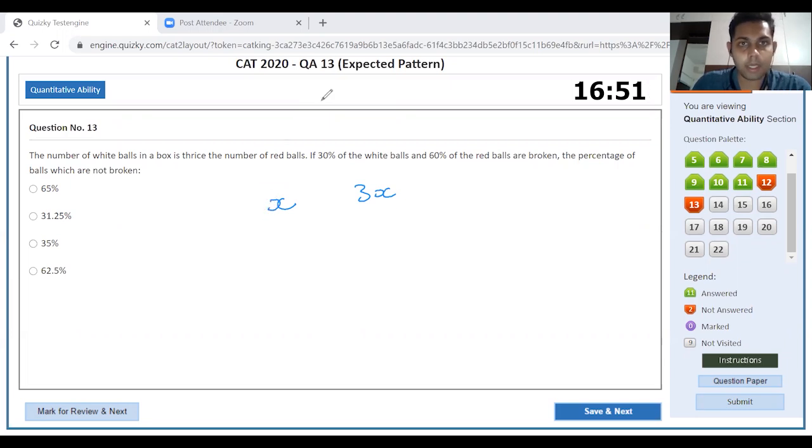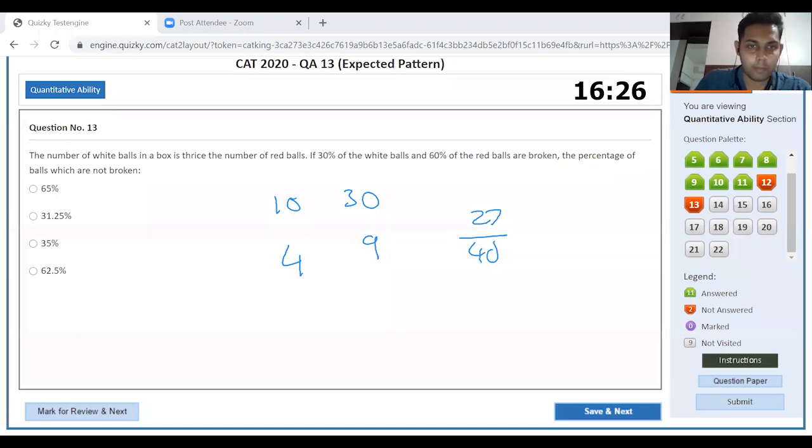I see why I got that a little off. So it's 10 and 30. 4 is broken and 9, 10, 11, 12, 13. So 27 by 40 is what I need. 27 divided by 40 is 0.675.